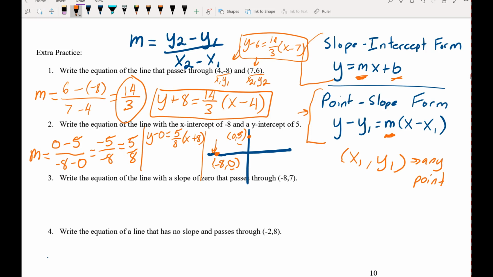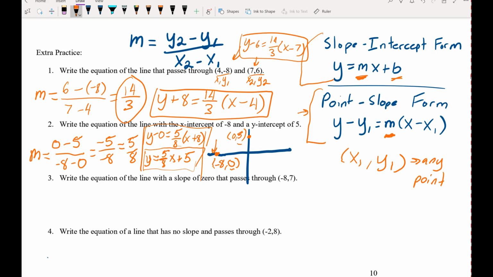If I'm looking at the left side of that equation, y minus 0, I could probably just write that as y equals 5/8 x, and 5/8 times 8 is just 5. So you could leave it in either of these forms, whether it looks like this or like the one on the top. Both of those are equivalent equations of that line.